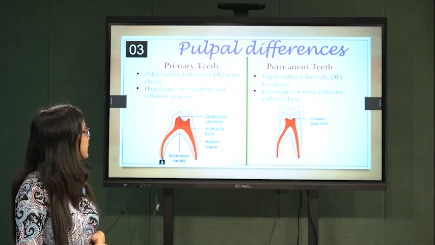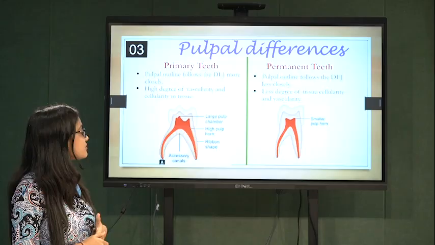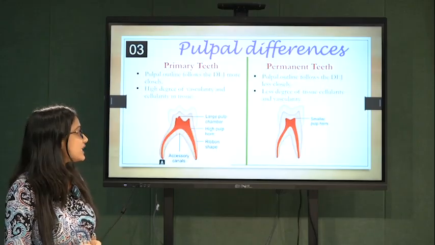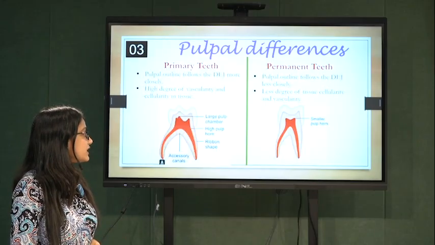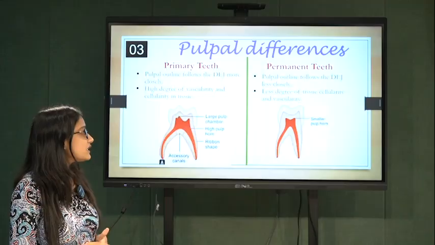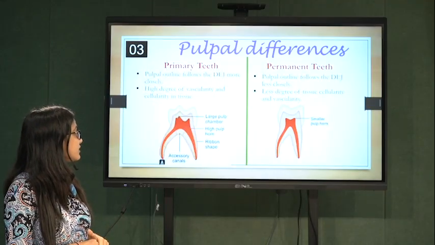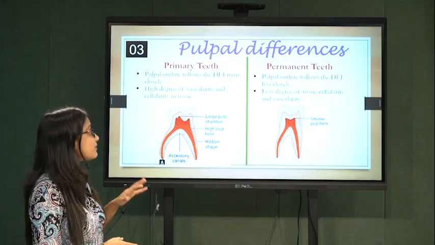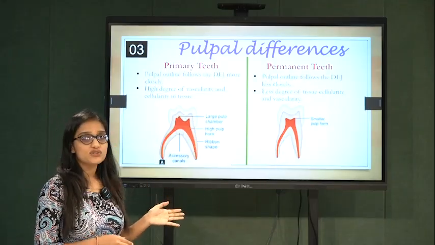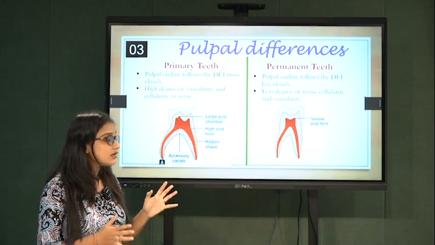Here the pulp outline follows the DEJ more closely in the primary dentition, but in the permanent dentition it follows the DEJ less closely. There is a high degree of vascularity and cellularity in the tissue of the primary teeth, and a lesser degree of tissue cellularity in the permanent teeth.